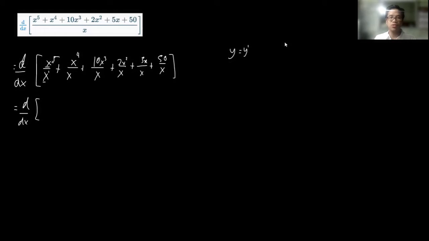So what do we do if we have the same base? I'll use this as an example: the same base on both sides of the fraction, however with different exponents. According to the laws of exponent, copy the base and then subtract the exponents. 5 minus 1.